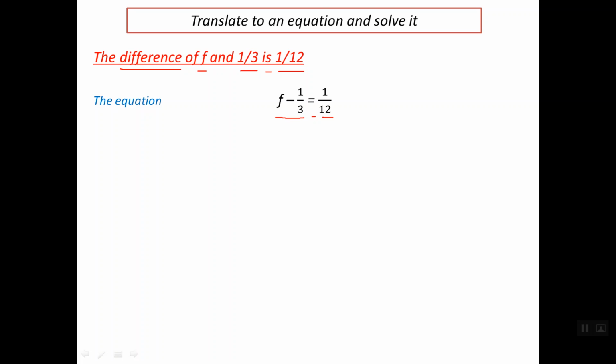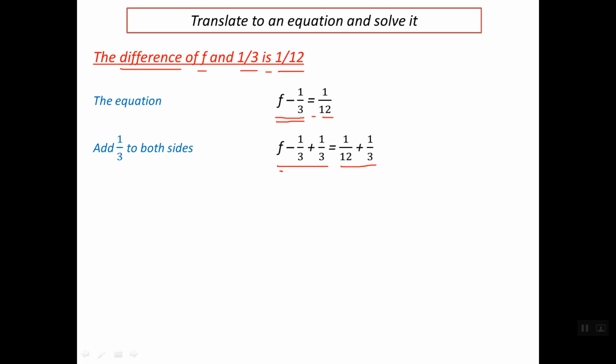Now we can solve for f in this equation. As you see, the left side contains f minus 1/3. So we can cancel the minus 1/3 by adding 1/3 to both sides. So the left side becomes f minus 1/3 plus 1/3, and the right side becomes 1/12 plus 1/3.